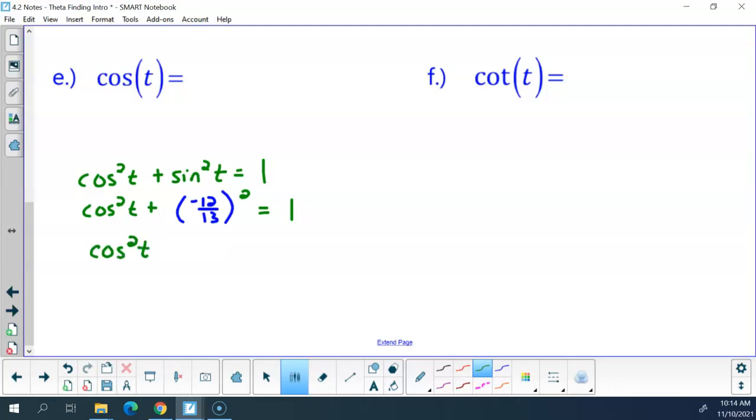Cosine squared of t plus 144 over 169 equals 1. But if I was proactive, instead of writing 1, I would write 169 over 169.